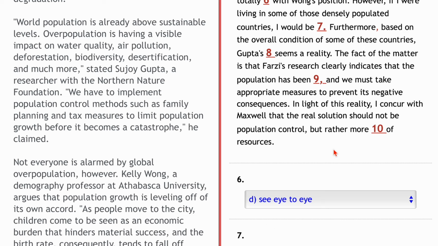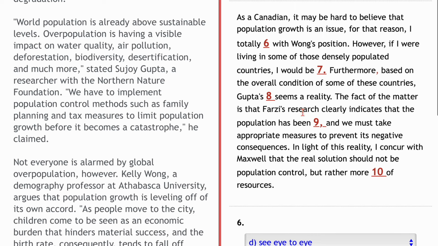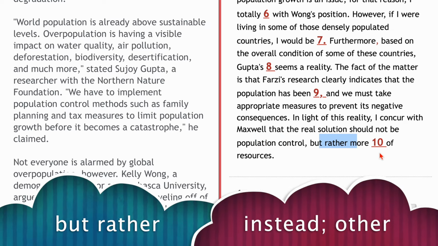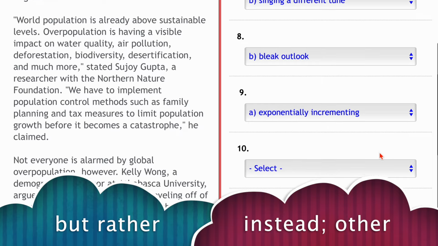So in the end, this opinion agrees with Wong, but also sees Gupta's opinion, then looks at Farsi's, what Farsi was saying, and says the population is increasing. So I agree with Maxwell that it's not really about population control, but rather more tending of resources.